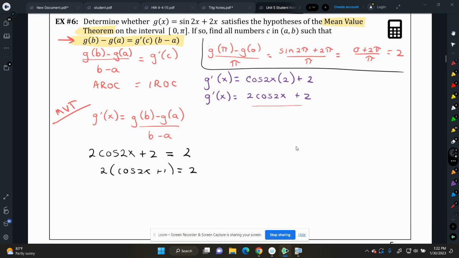Why can't you just stop and say they don't equal each other? No, we have to find the x value where they do equal each other.